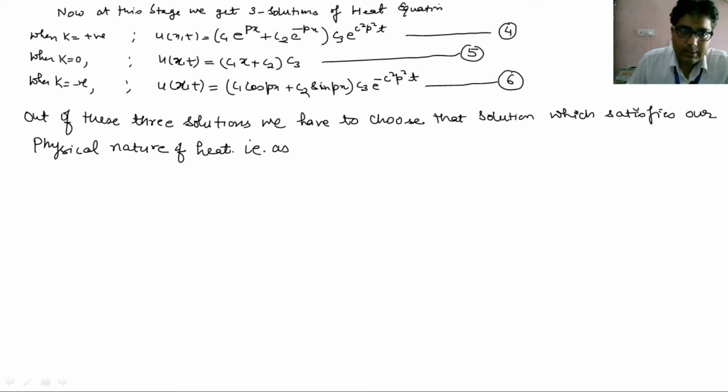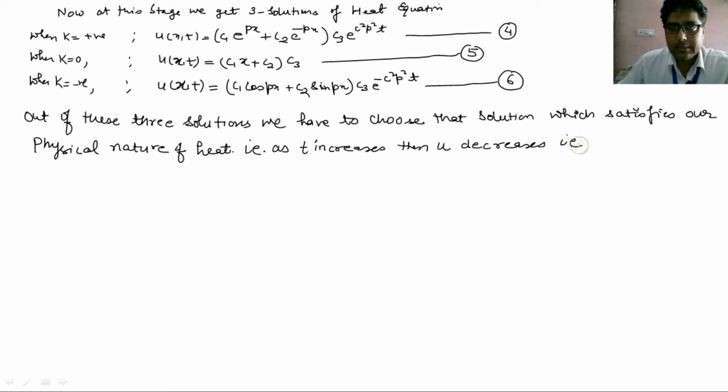That means as t increases, then u decreases, or as t tends to infinity, then u tends to 0. Clear?